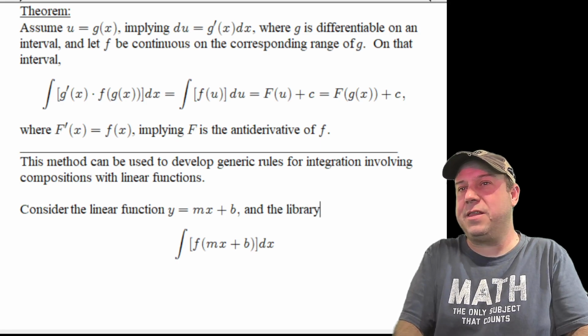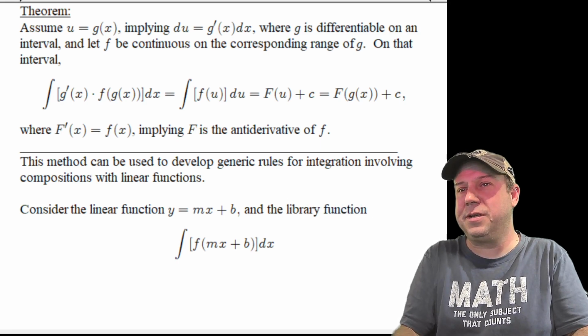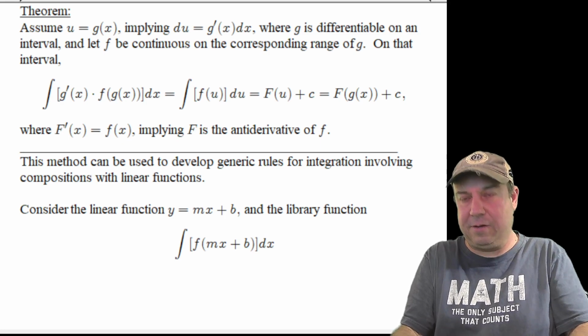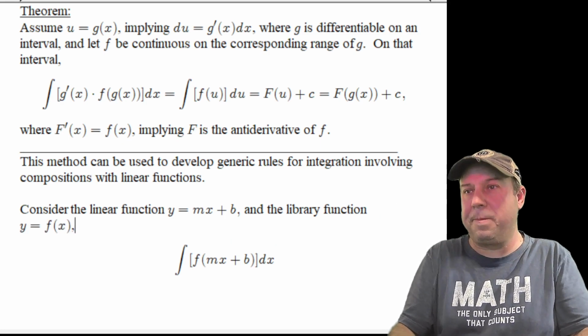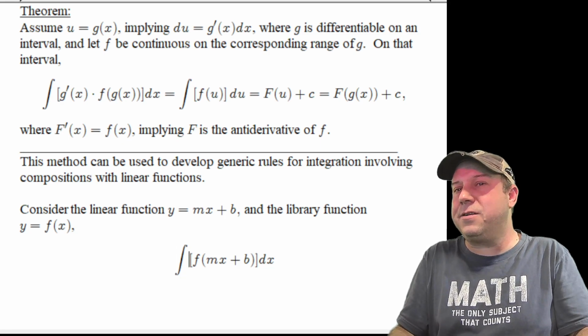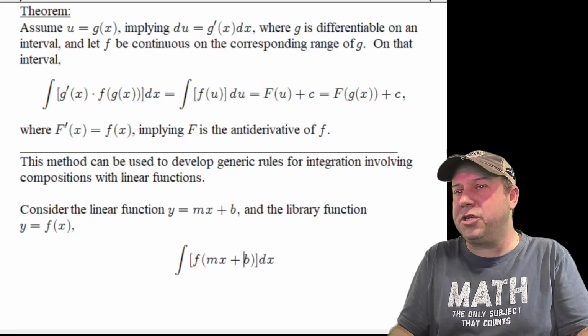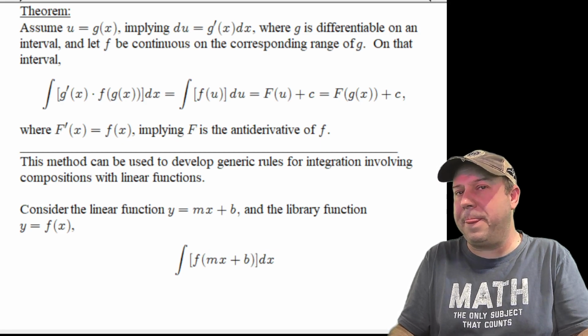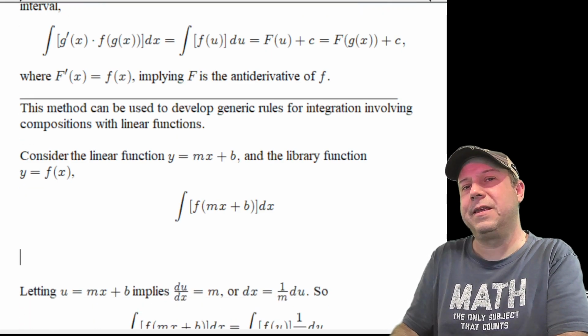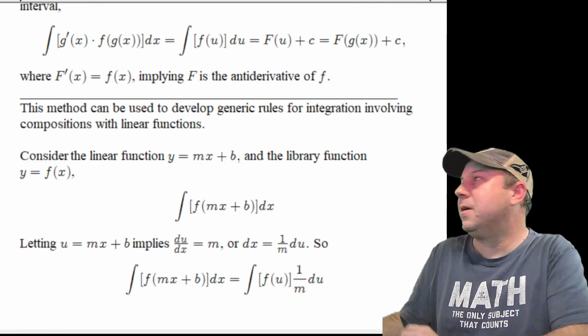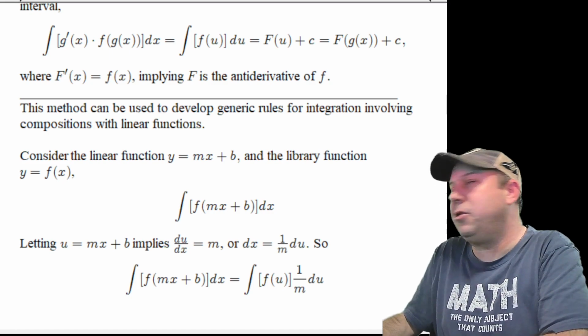And maybe we'll say the library function y equal to f at x, right? The antiderivative of that library function evaluated at this linear function can be approached using variable substitution.